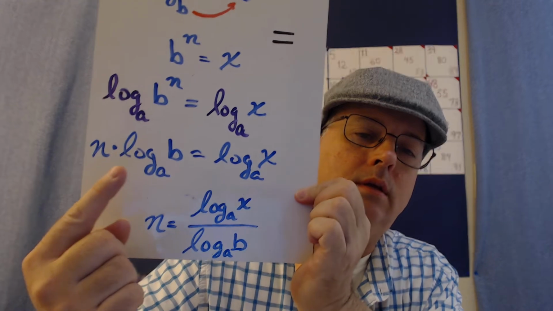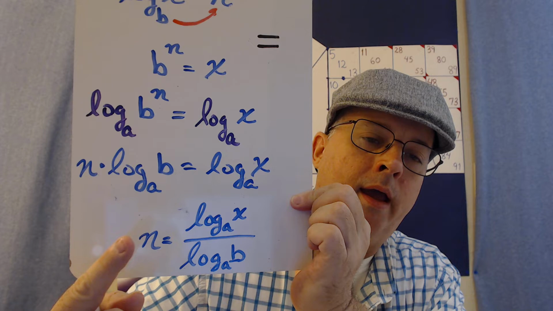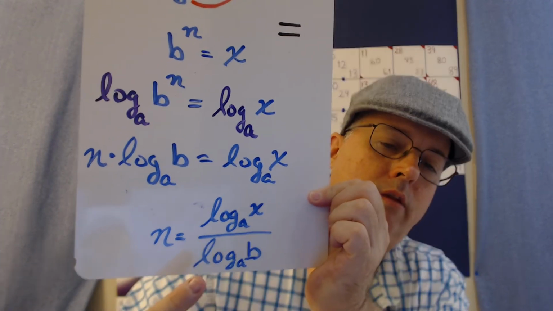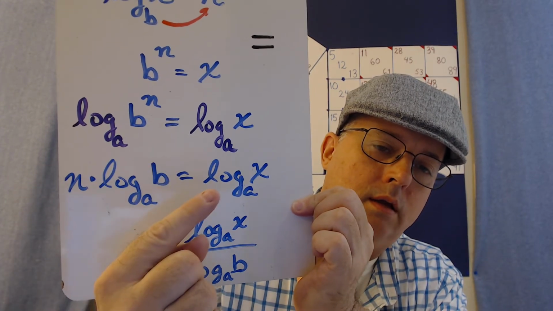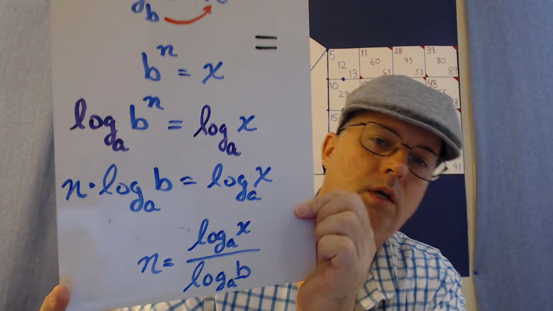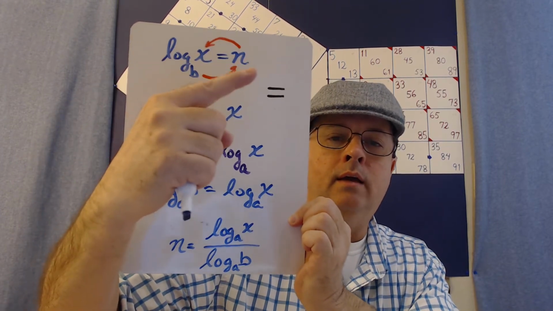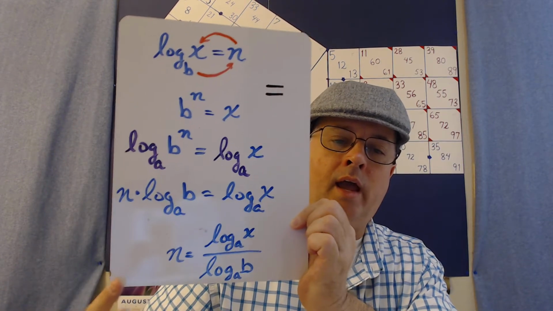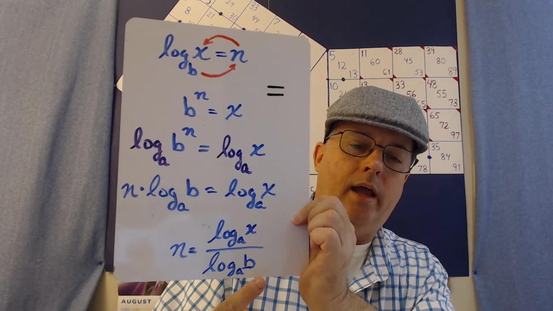Okay, so I took this multiplication of log base a of b, and instead of it being multiplied by n, I divided it to the other side of the equation. If it's in the numerator on this side, it's in the denominator on the other side of the equation. And now we have it. Right here, n is equal to the log base b of x. And here I have n is equal to log base a of x over the log base a of b.